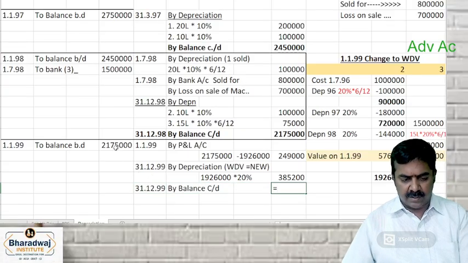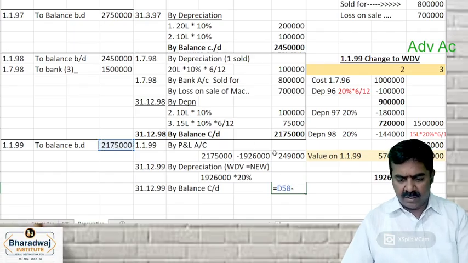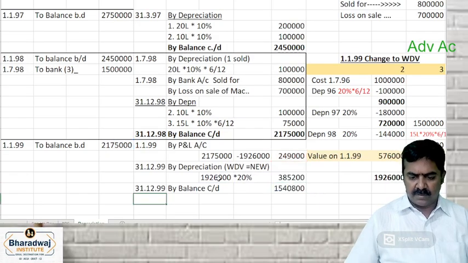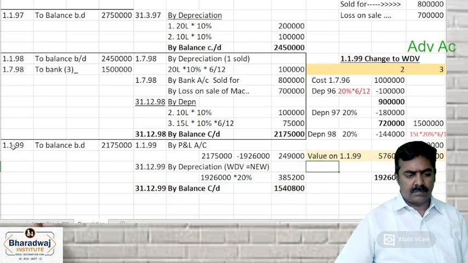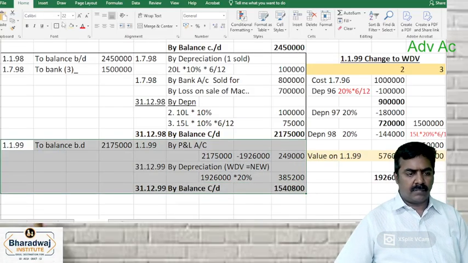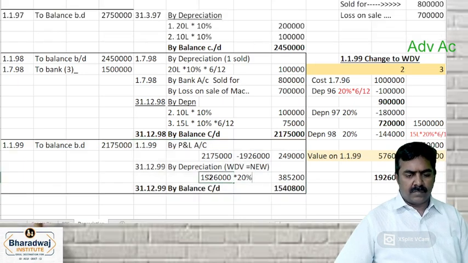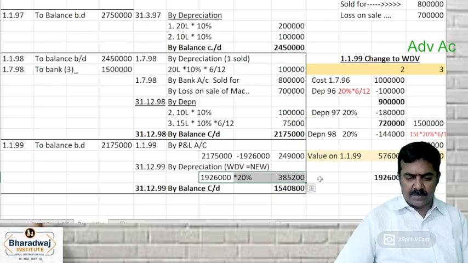By balance carry down: opening balance minus the difference in depreciation minus the new depreciation. Depreciation will be calculated as per the new method.